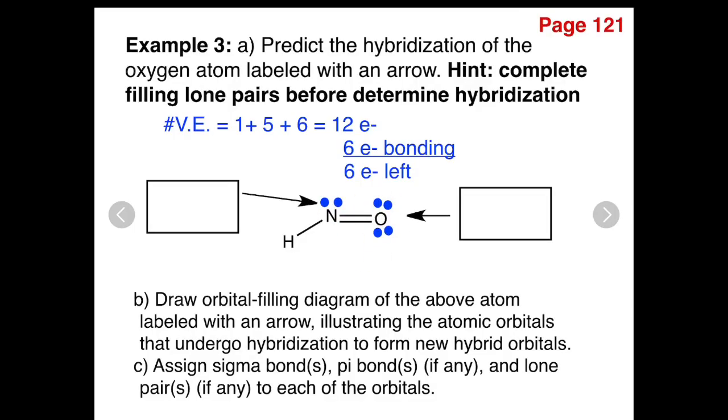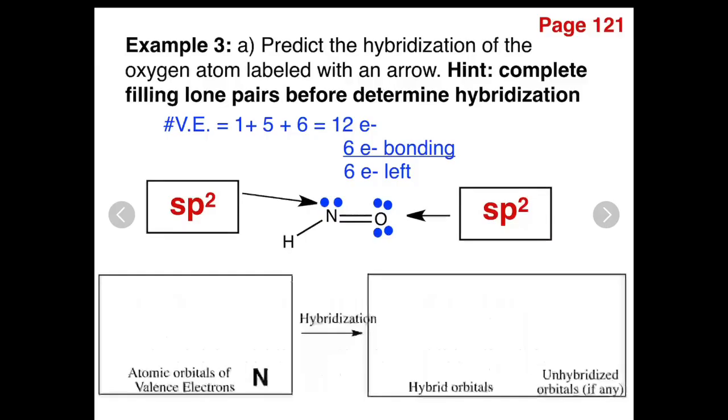Looking at nitrogen, nitrogen contains 1, 2, 3 electron regions, so it would be sp2. Oxygen contains 1, 2, 3, also 3 electron regions, so it would be sp2. Now to draw the diagram to represent this hybridization, I'm going to focus on nitrogen first, and then we'll look at the oxygen later.